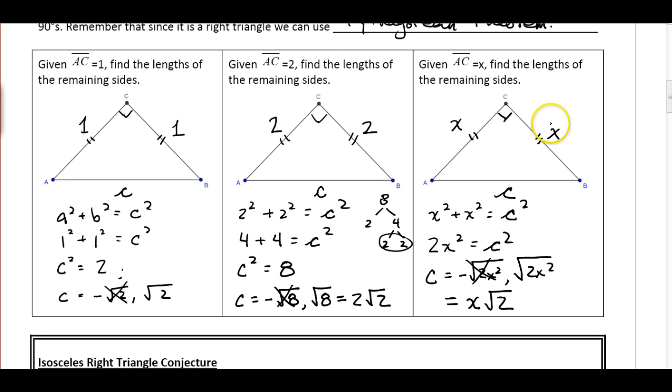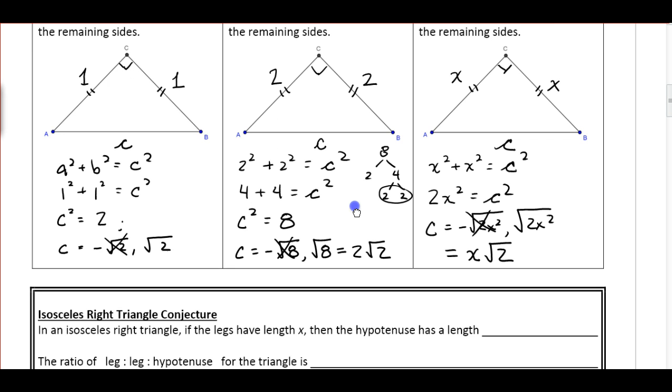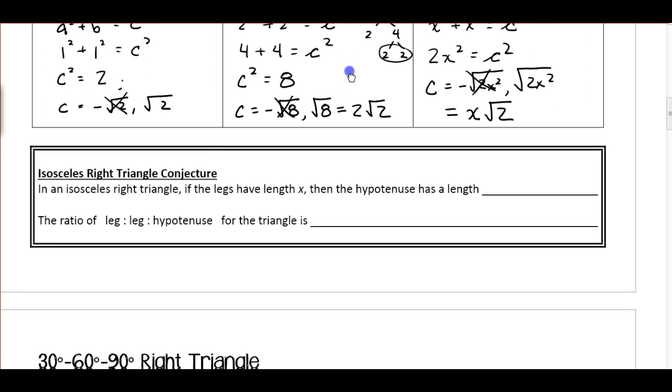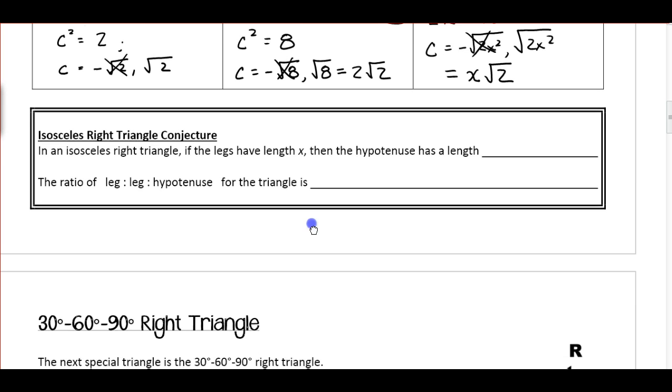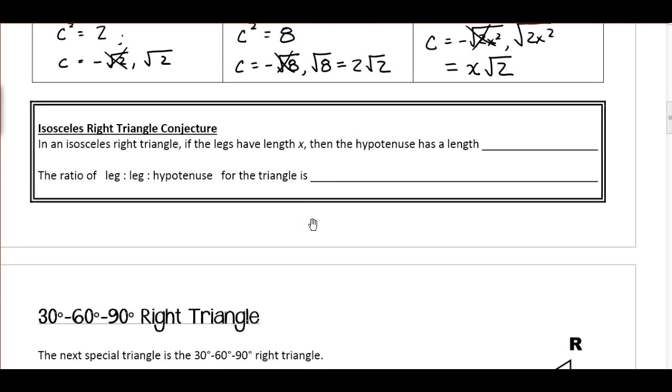So when I have legs of length x, then my hypotenuse turns out to be x root 2. So we have a relationship, a ratio between the sides of all three of these 45, 45, 90s, which leads us to the isosceles right triangle conjecture. In an isosceles right triangle, if the legs have length x, then the hypotenuse has length x root 2. That's what I found right up here.